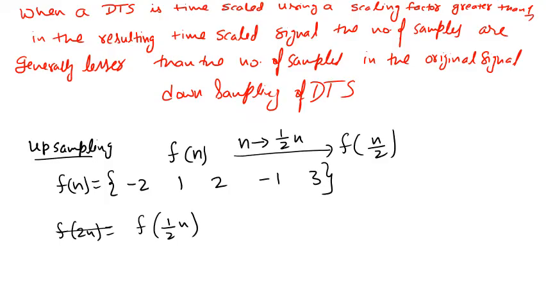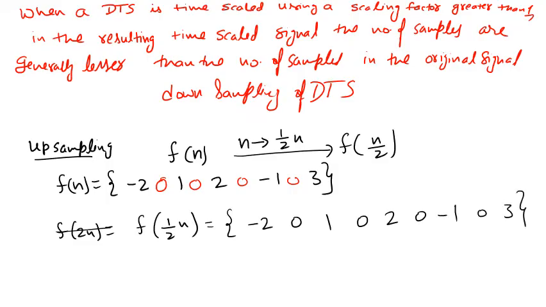What we need to do for that is insert 0 samples between two consecutive samples. So we need to insert 0 here, 0 here, here as well as here. So what we got after inserting zeros is -2, 0, 1, 0, 2, 0, -1, 0, 3. So that's f(n/2).